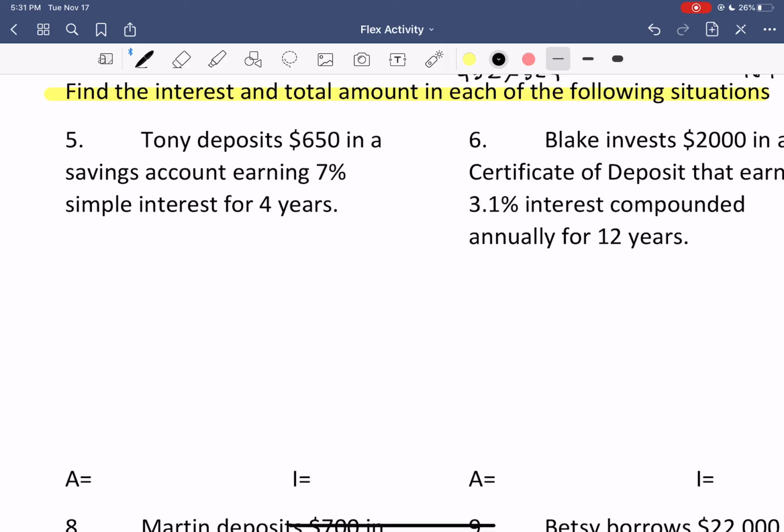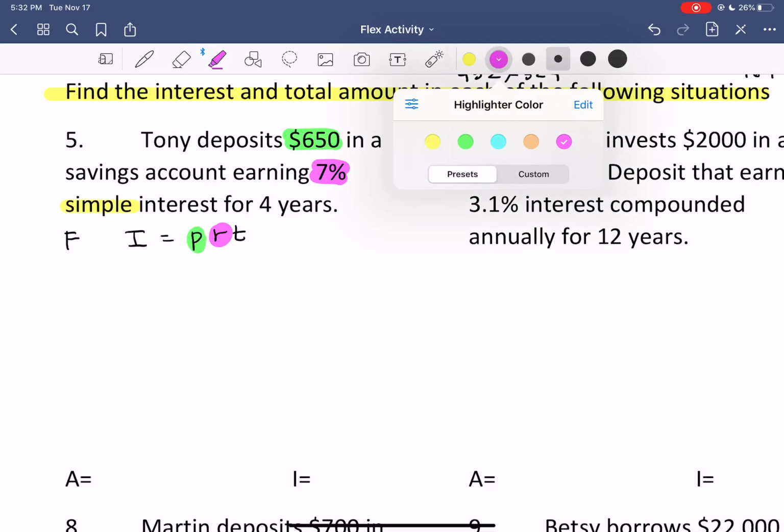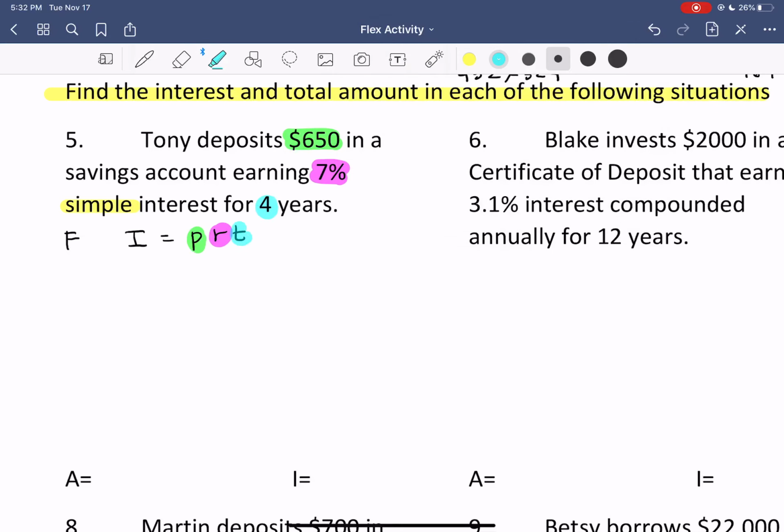Tony deposits $650 in a savings account earning 7% simple interest for 4 years. Since it's simple interest, we use the formula I equals PRT. We have a principal amount of $650, a rate of 7%, and a time of 4 years.